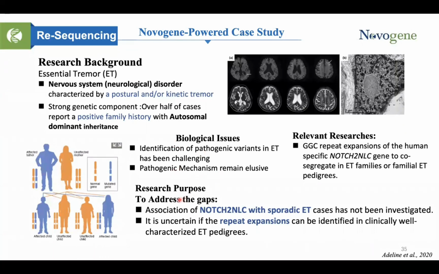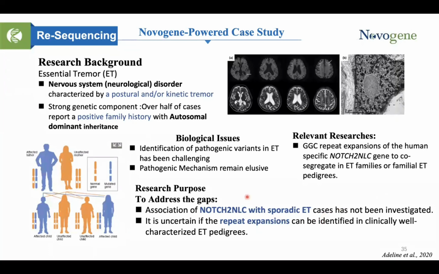Besides, the findings on genetic loci and genes associated with sporadic and familial ET are either rare or not consistently replicated. Recent studies have reported GGC repeat expansions in the 5' region of the human-specific NOTCH2NLC gene to cosegregate with disease in ET families or familial ET pedigrees.